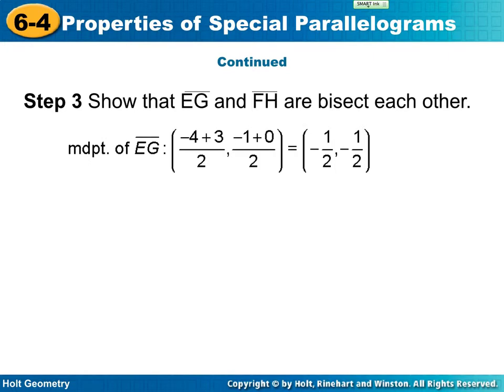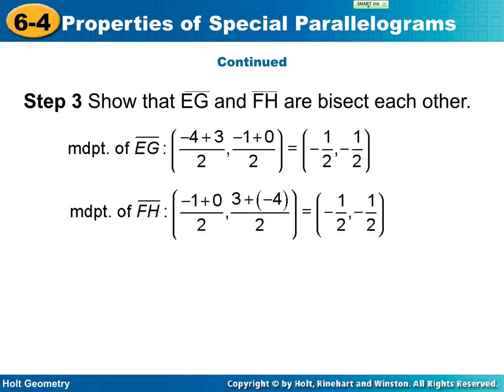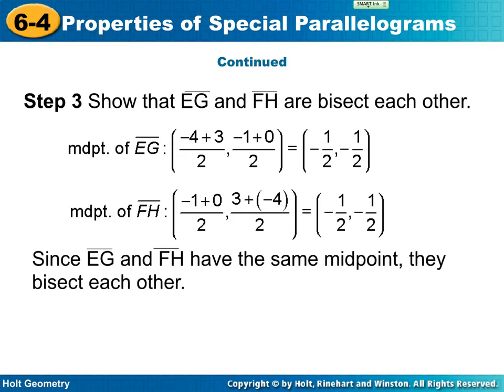So each diagonal has -1/2, -1/2 as the midpoint. So that's a common point. That's where they intersect. That point cuts both diagonals in half. So since they have the same midpoint, they bisect each other. That doesn't show anything except that you can grab points. So show by supporting with calculations.